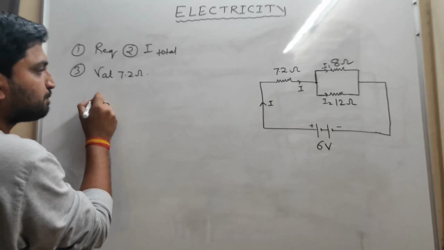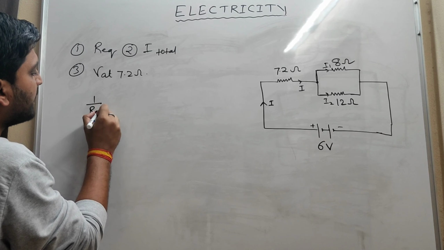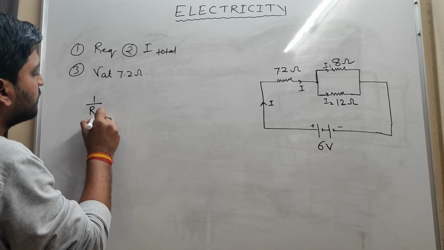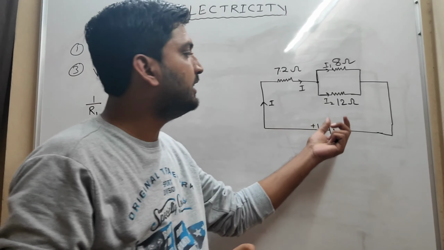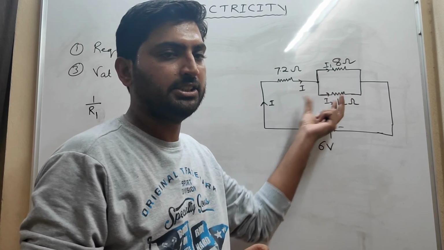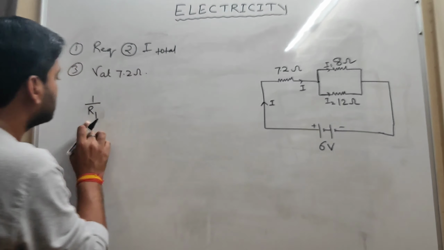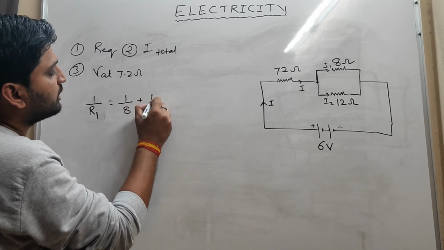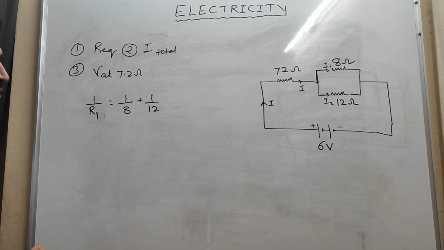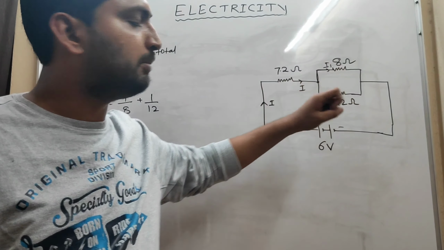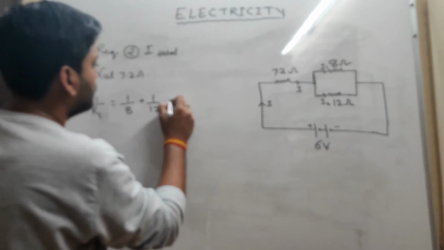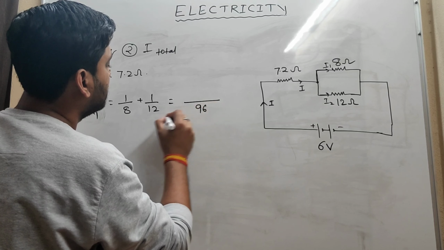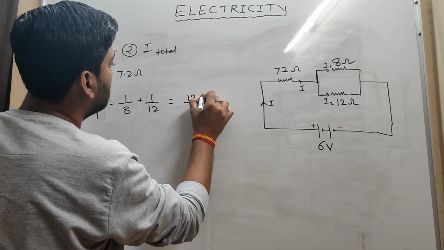So see here, what will happen, R equivalent, or we can call it R1 because that is not the full equivalent. Equivalent means the combination of these three resistances for this circuit. So let us suppose 1 by R1 is equal to 1 by 8 plus 1 by 12. What will be the LCM? 96, 12 plus 8.